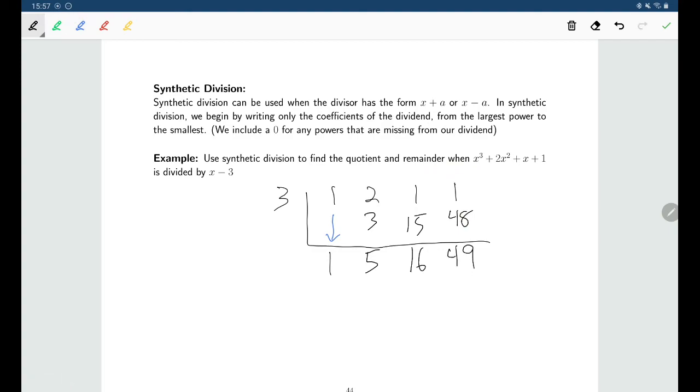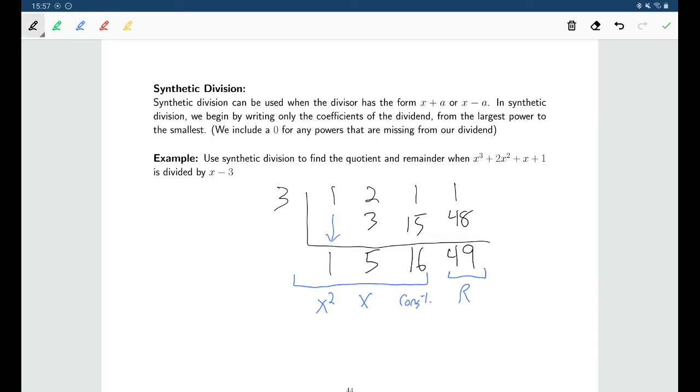And then what we have here at the bottom, we have our remainder term, and then the coefficients for the constant, the x, and the x squared term, and any other higher powers that you might have. So always the last number that you find is your remainder, and your other coefficients are in increasing order of power, from constant to x squared, and so on.